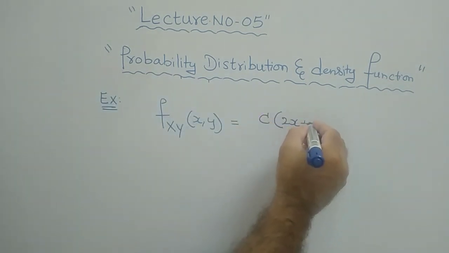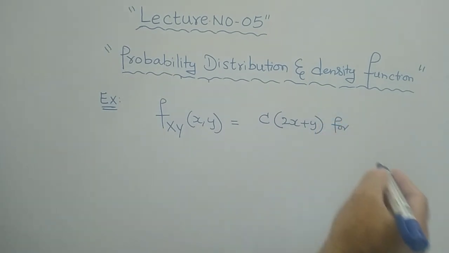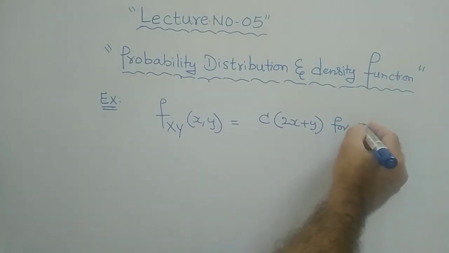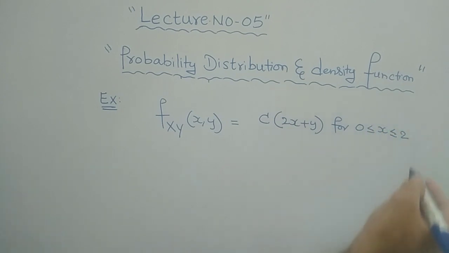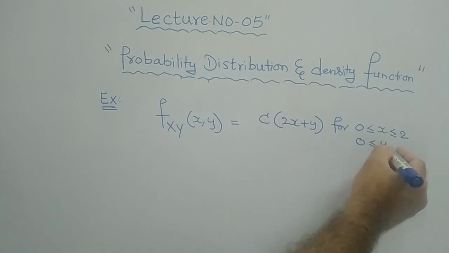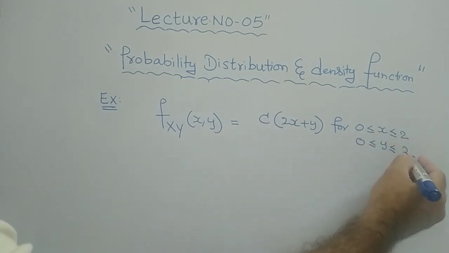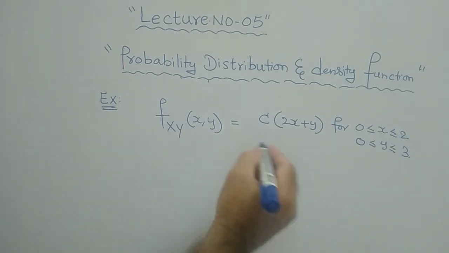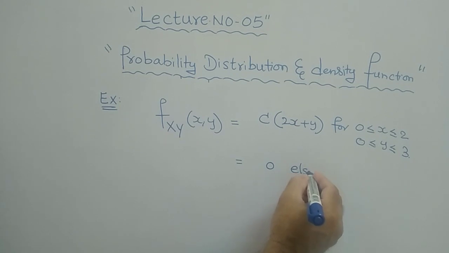for the limitations 0 less than or equal to x less than or equal to 2, and similarly 0 less than or equal to y less than or equal to 3, and it is 0 elsewhere.